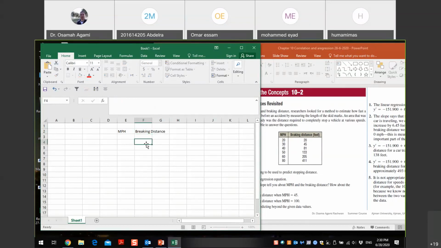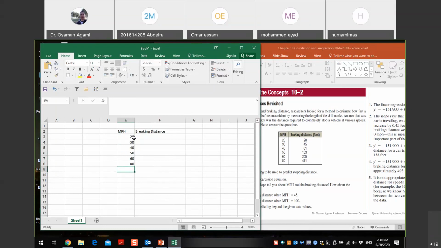Okay. Shall we make this one slightly bigger? Okay. Let's type the first variable: 20, 30, 40, 50, then 60, then 80, because you jump from 60 to 80, right?